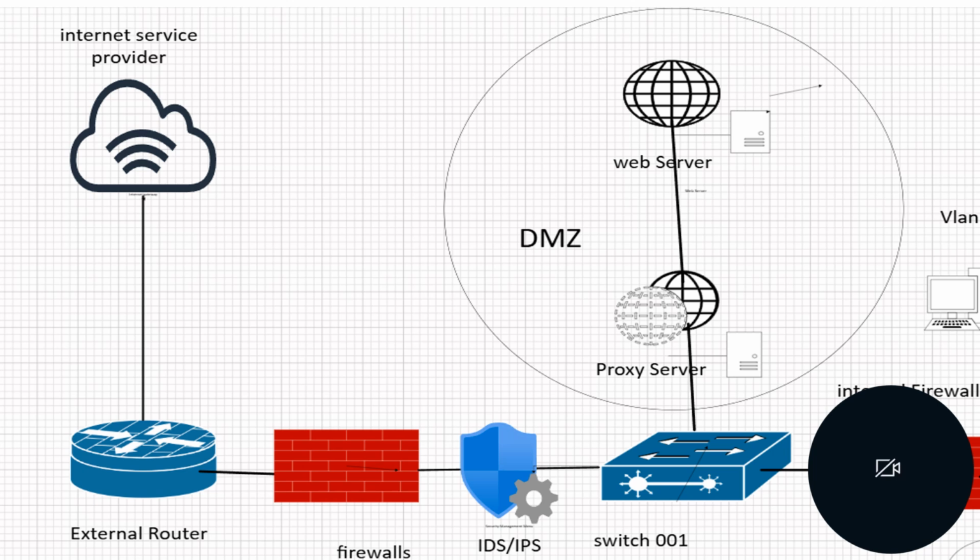We have a DMZ zone, and in the DMZ zone we have a web server. In front of the web server we have a proxy server, working as a middleman and representing the web server.